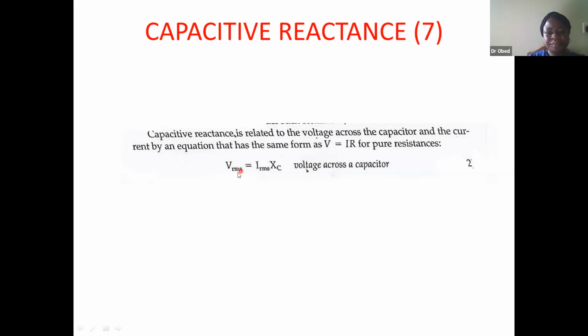Assuming the voltage is known, the current is known, and we don't know the capacitive reactance, we will make the capacitive reactance the subject of the formula here.